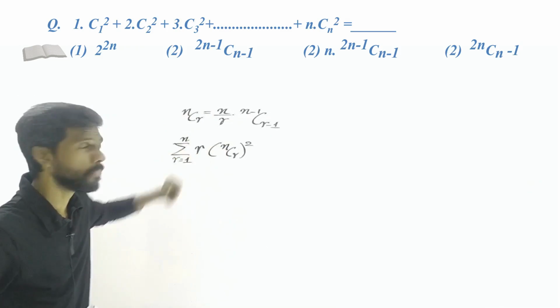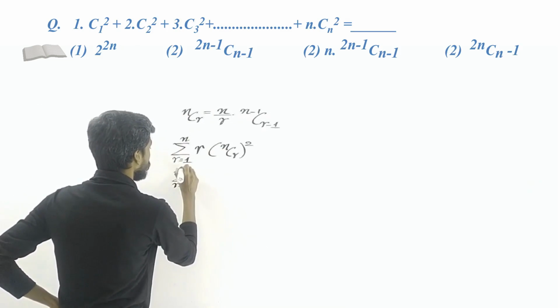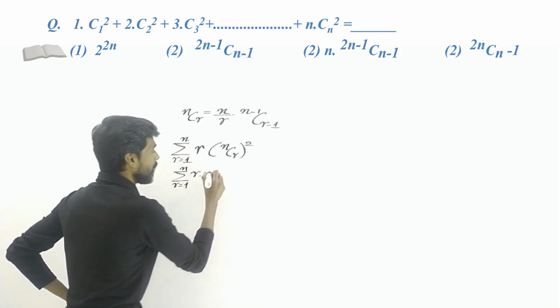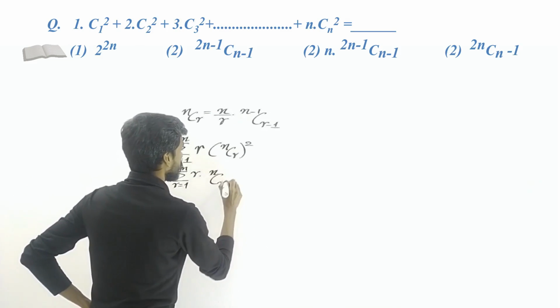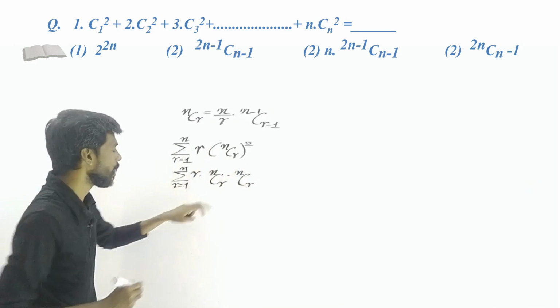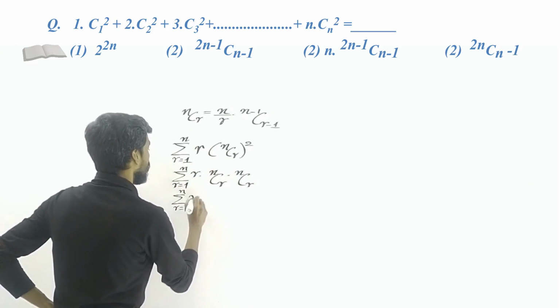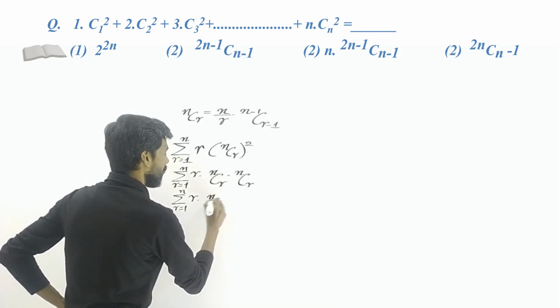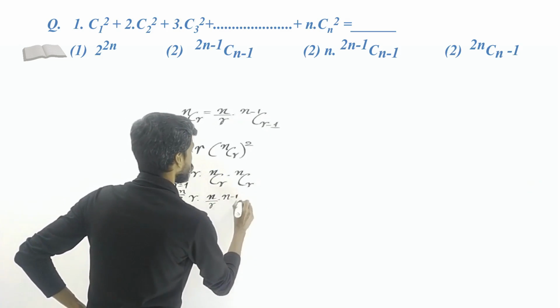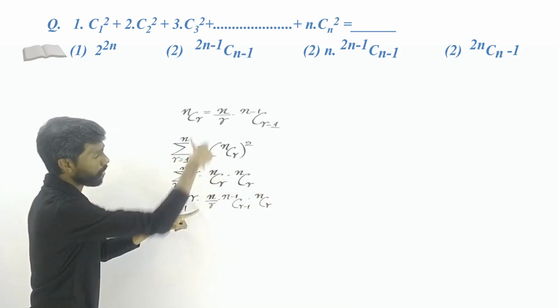Using the same idea. So summation r is from 1 to n, r multiplied by ncr, let me write it in one step, ncr multiplied by ncr. This ncr can be written as n divided by r, n minus 1 c r minus 1. The other is written as it is. So the same formula we have used here.